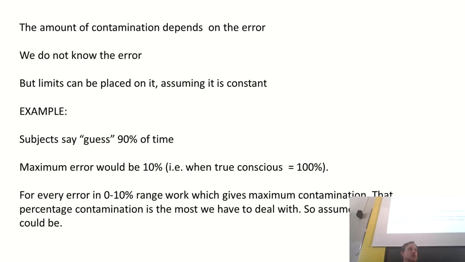And if we control for the worst case scenario and we still get evidence for unconscious knowledge, we can be happy. So let's say subjects say guess 90% of the time. The maximum error you could have is 10%, because that would occur if all of the 100% of the trials were unconscious and you had a 10% error.